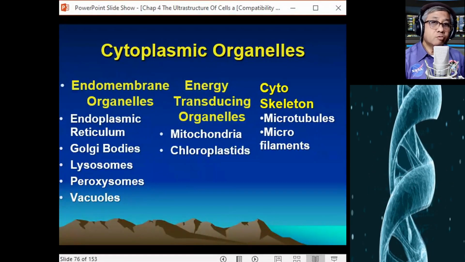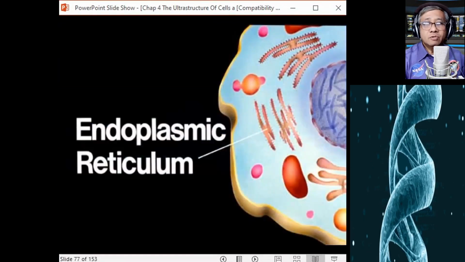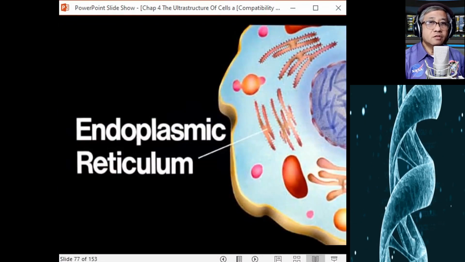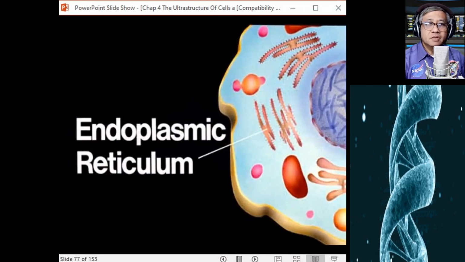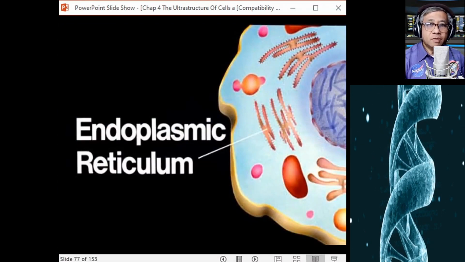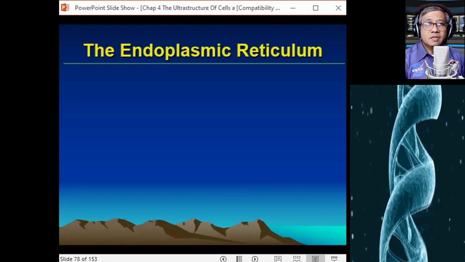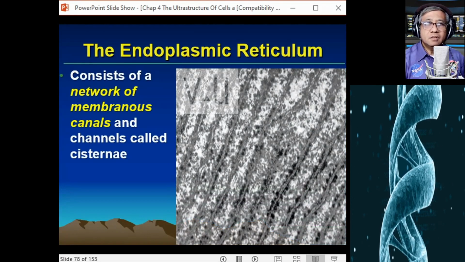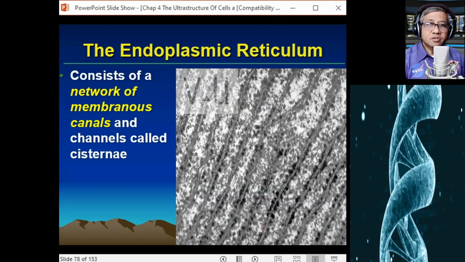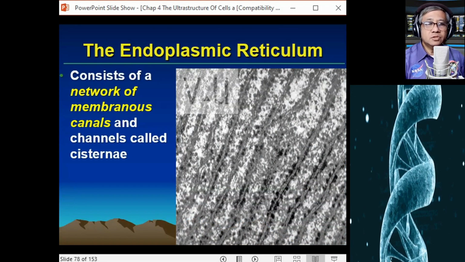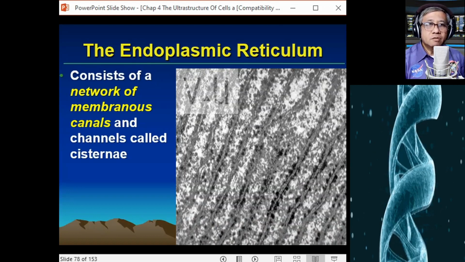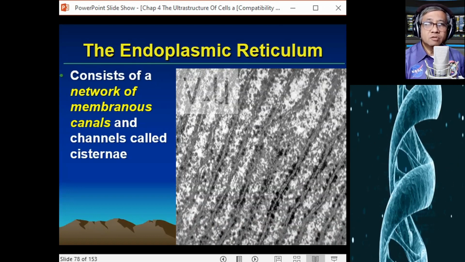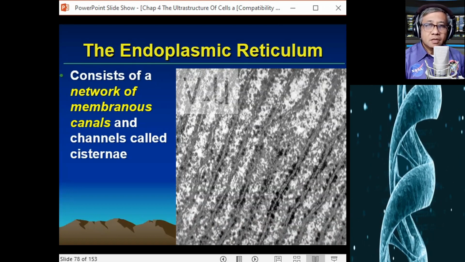Alright, so very quickly, let us go into the details of these endomembrane organelles, starting with the endoplasmic reticulum. Under the electron microscope, the ER, or the endoplasmic reticulum, is composed of a network of membranous canals called cisternae.